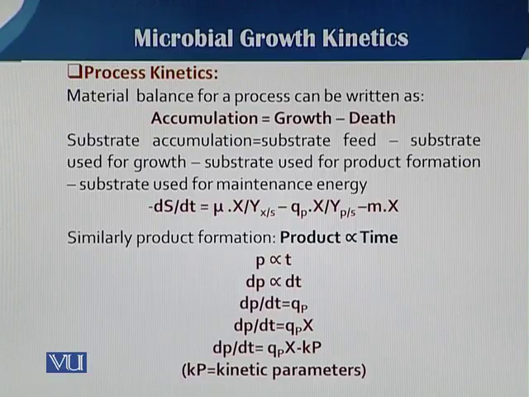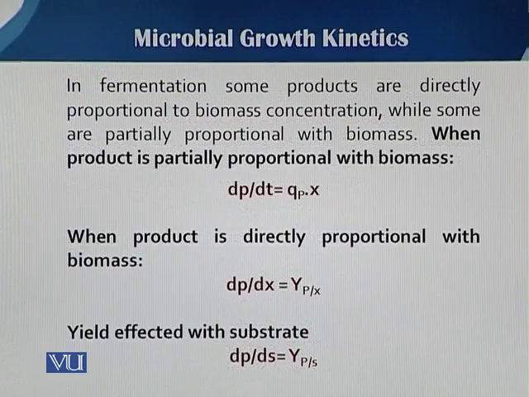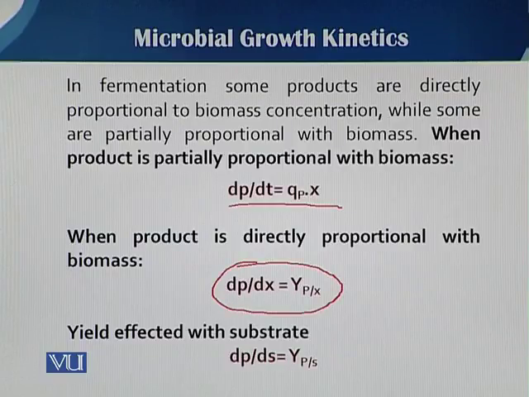In this next slide, you can see that in fermentation, some products are directly proportional to biomass, as I have already told you, and some are partially proportional to the biomass. When the product is partially proportional to biomass, we can write it in this way. But when the product is directly proportional to biomass, then this equation fits the relationship of the product increase during the fermentation condition.